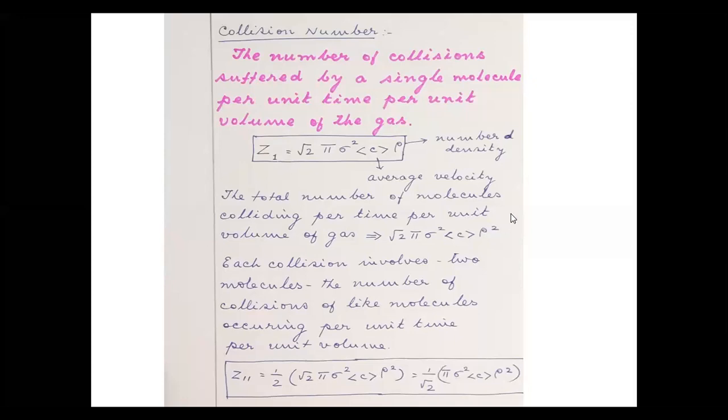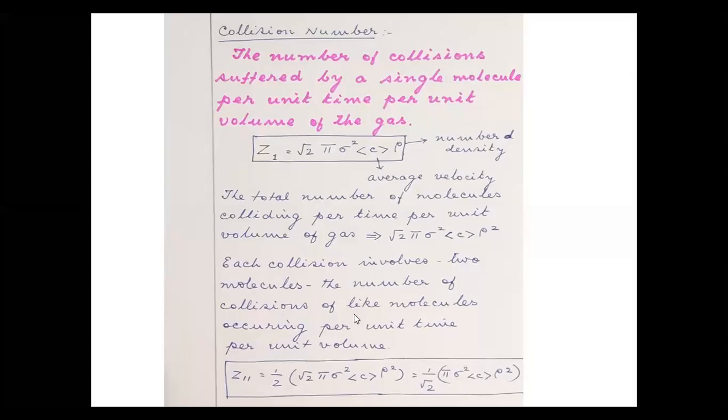Why rho square? You are going to calculate the total number of molecules colliding per time, so number density square. Each collision involves 2 molecules, because 2 molecules alone can collide with each other. If there is only one molecule, it can collide only on the walls of the container. It is not going to collide among themselves. So each collision involves 2 molecules.